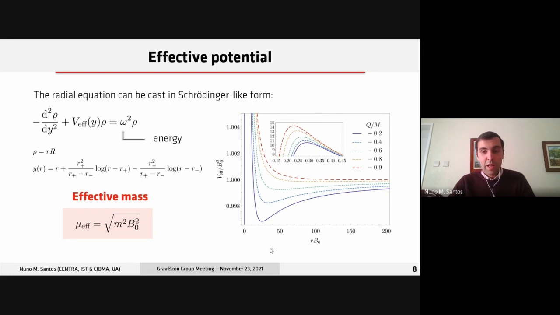You can see here that there is a potential barrier when r times b naught is approximately 1. And you can also see in the inset that the maximum of the potential approaches the event horizon when we increase in absolute value the charge to mass ratio.